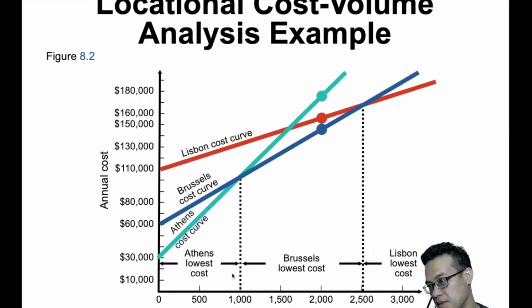For the next area, we can see that Brussels is the lowest, and next, Lisbon will be the lowest cost if the production is more than 2500, because the line here is the lowest. Others have exceeded the lowest line. So whoever falls within the lowest line, they are the best place for you to produce.